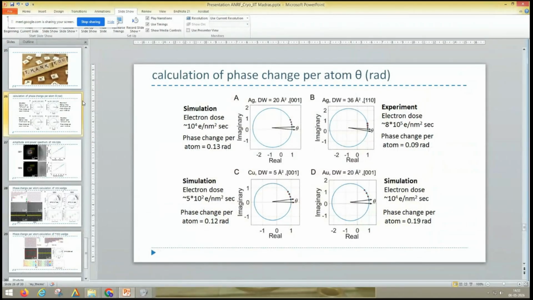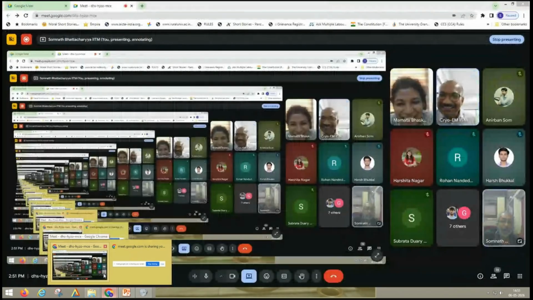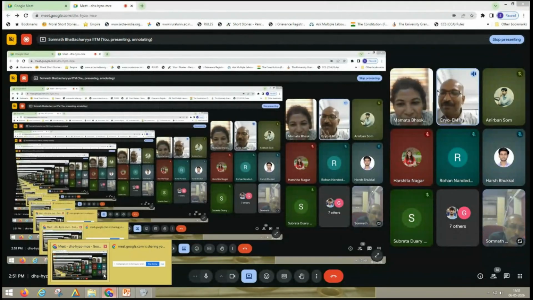For the electron dose rate, for silver we have used 8 into 10 to the power 5 electrons per nanometer square per second. So very low dose. For a biological sample it is really huge, it is nothing. What is the electron dose rate you use? We use maximum, let's say, 30 to 50 electrons per angstrom square per image.